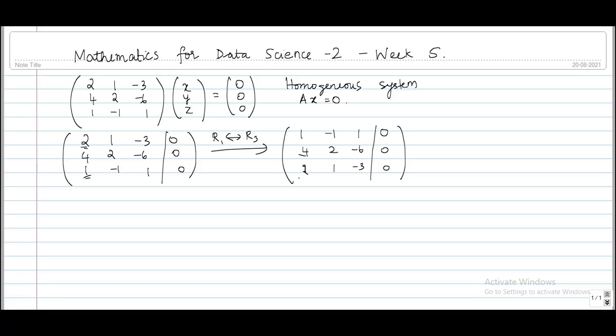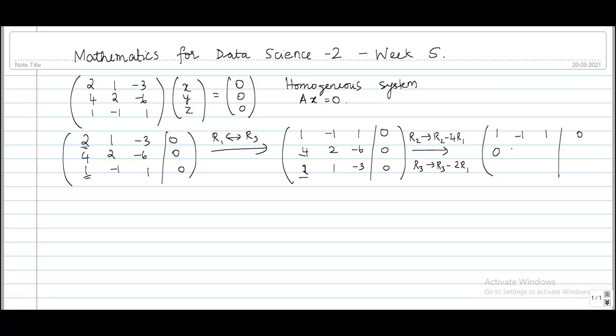Now we want to make this entry and this entry 0. So how shall we get that? R2 shall be replaced with R2 minus 4R1, and R3 shall be replaced with R3 minus 2R1. The new matrix that we will get is, first row will remain as it is, no changes. Second row is second row minus 4 times first row.